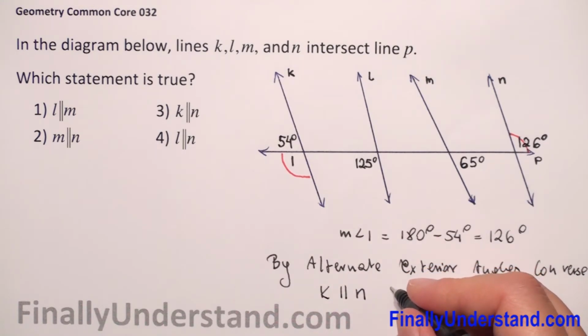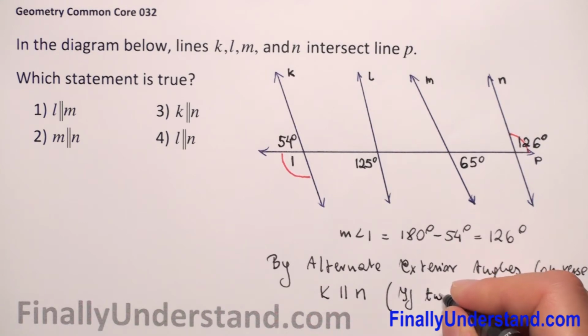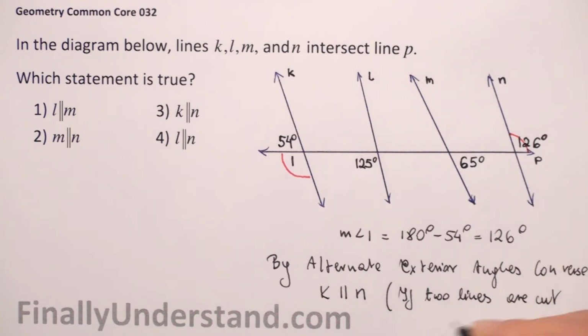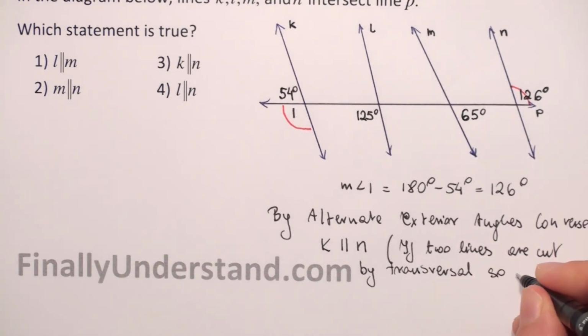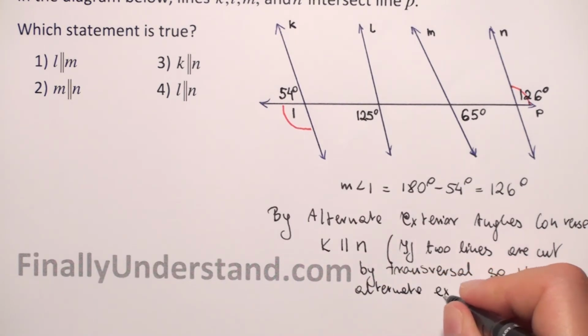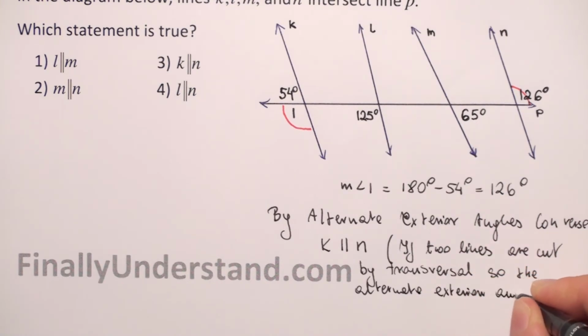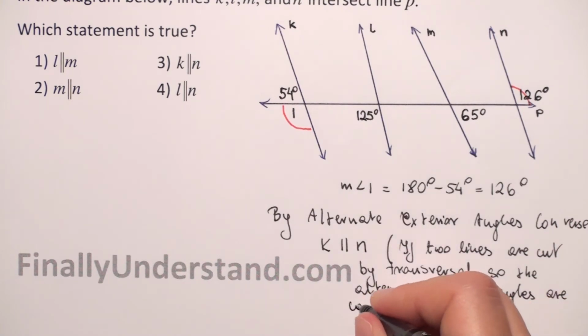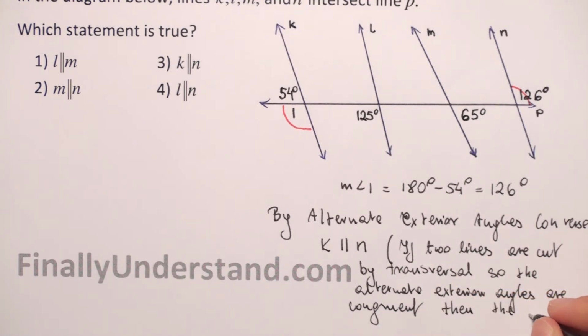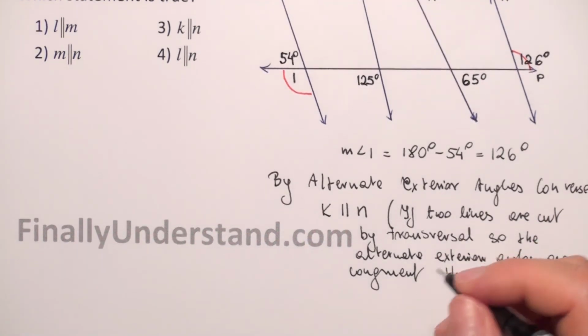Let me write this theorem. If two lines are cut by a transversal, and the alternate exterior angles are congruent, then the lines are parallel.